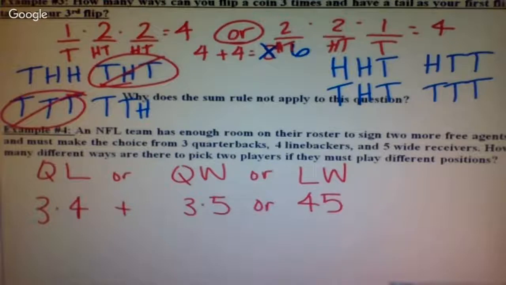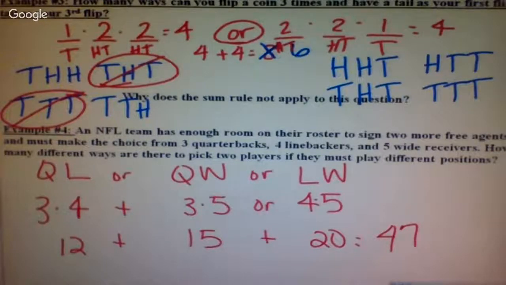Okay, so we either have 12 plus 15, or 20. 47 different options. We done.